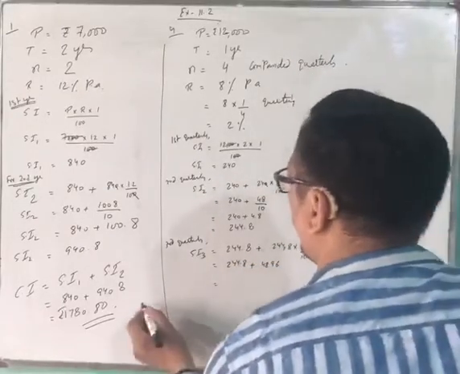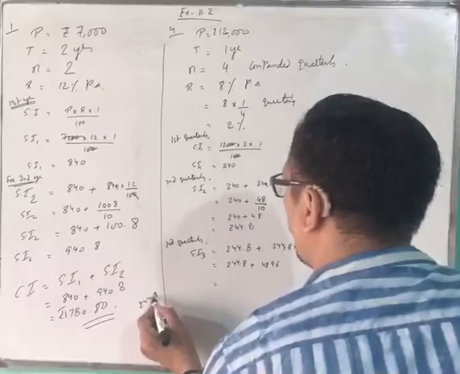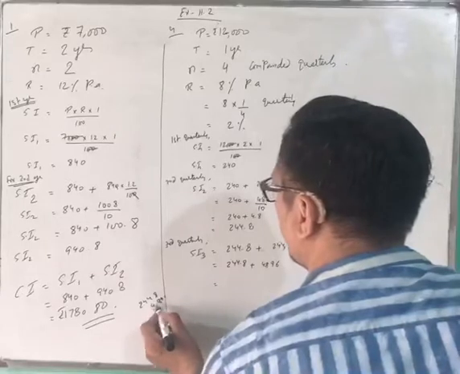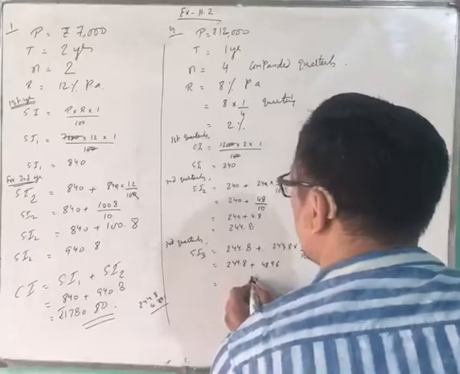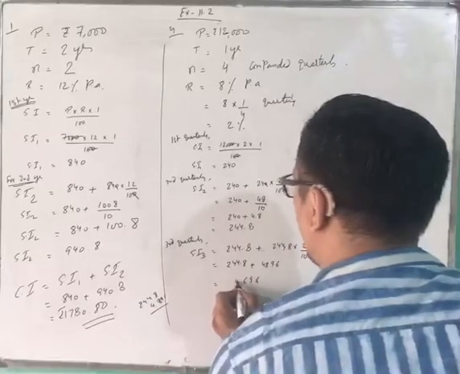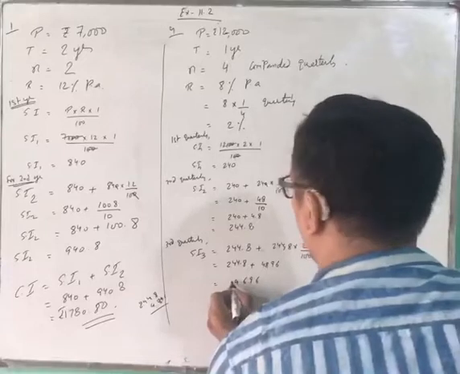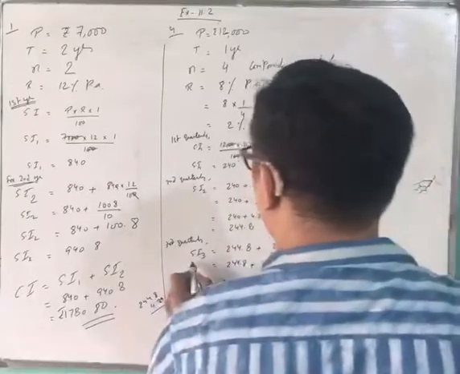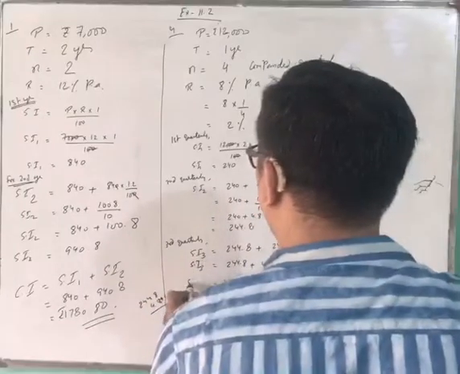When you sum up, you get 249.696. So this is your third simple interest.